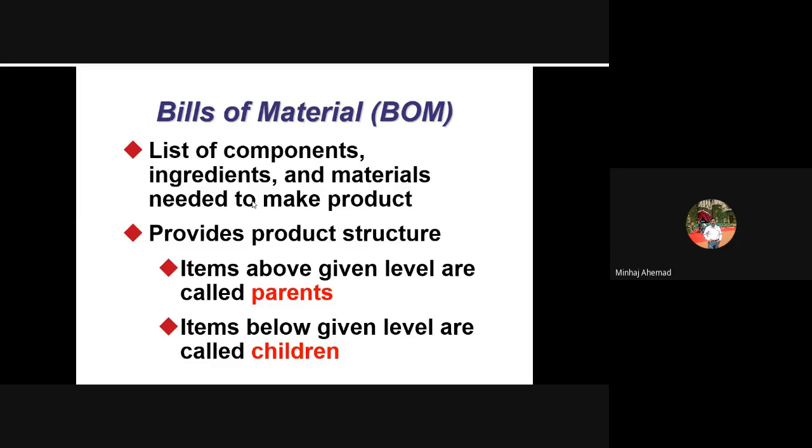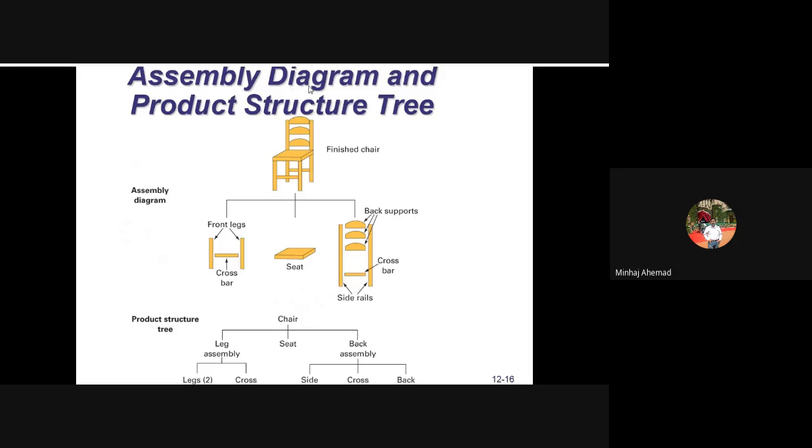This is nothing but the list of components. We have seen the example of the trumpet. So the bill of material is the list of components, ingredients and materials needed to make a product. So this is the assembly diagram and product structure.